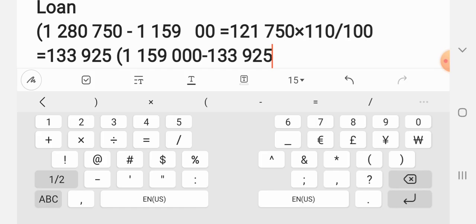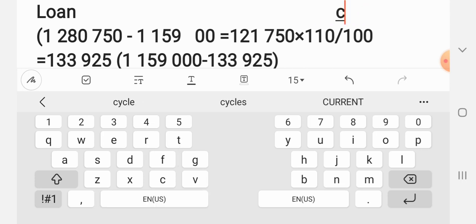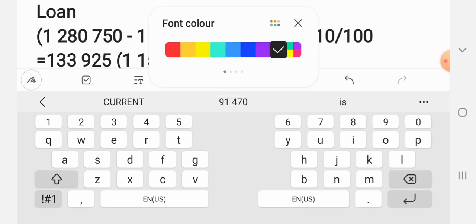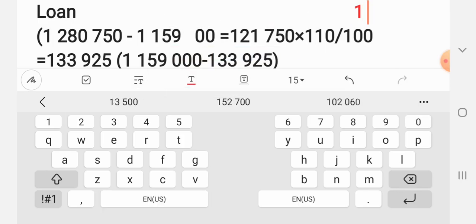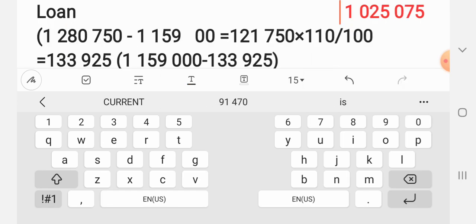And then we will have the balance of the loan here. So this is the balance of the loan. This is 1,025,075. So this is the loan.